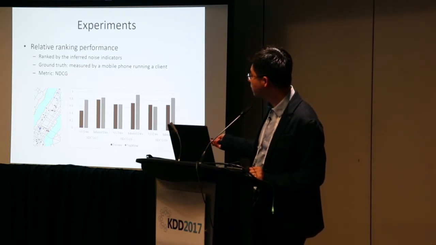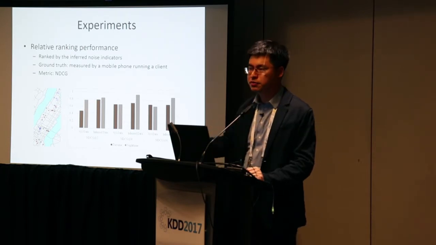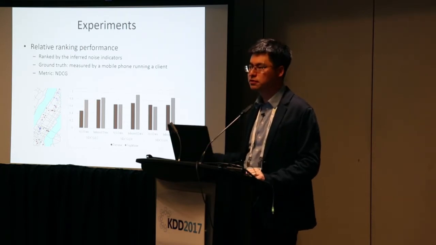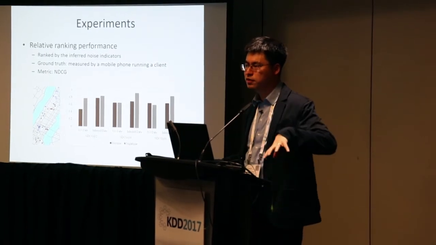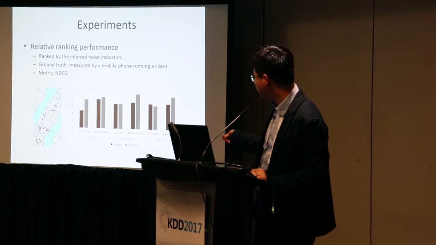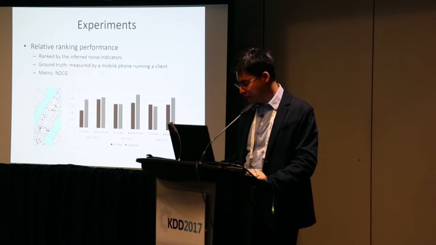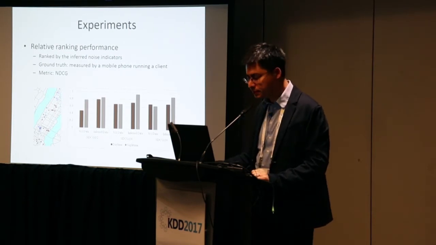But we can use the noise sound level to rank these locations, and then use the rank as ground truth. Then we can rank them based on 311 data, and evaluate our solution based on DCG. So this is how we evaluate based on a real-world study.